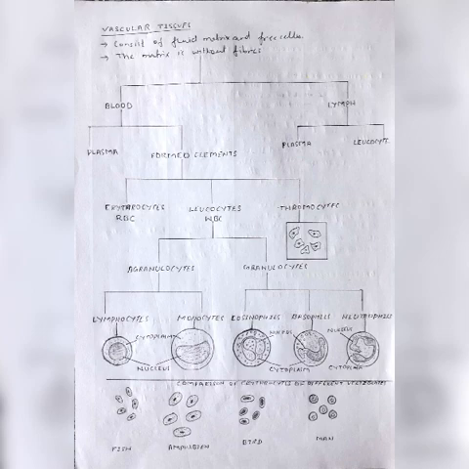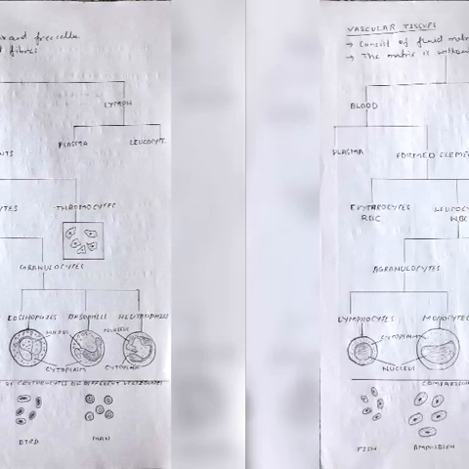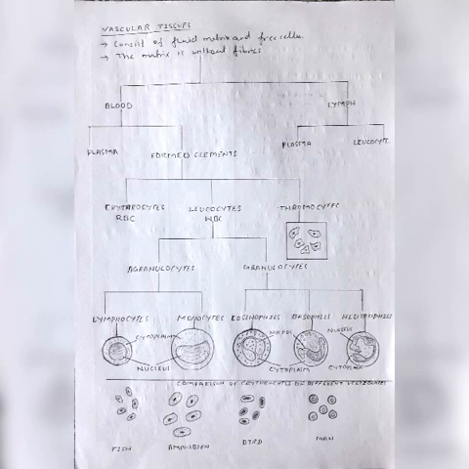The last one is thrombocytes. I think you are familiar with the term thrombocytes, which are also known as platelets. Here I have explained with the help of a diagram that you are seeing.